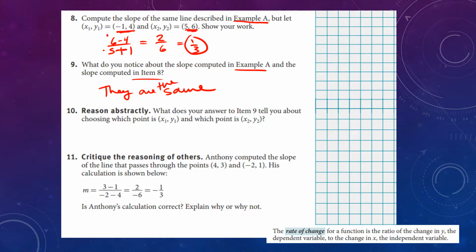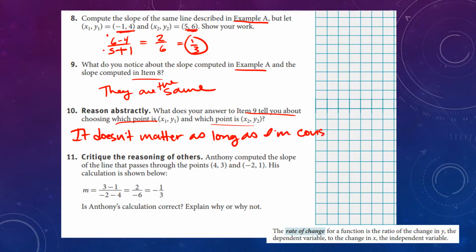And what this tells us about which point to choose for the 1's and for the 2's is it doesn't matter as long as I'm consistent for the change in y and change in x. So whichever y I start with, I want to make sure I start with that x.